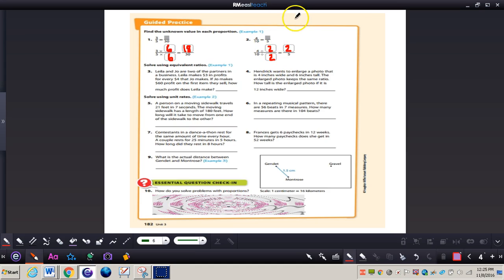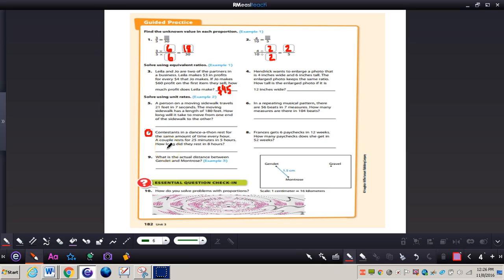So what I would like you to do is work on number 3. You can work on that in your math journal, and you can work on that now. So we see number 3 is $45. Now I'd like you to work on number 7, and you can work on that now.